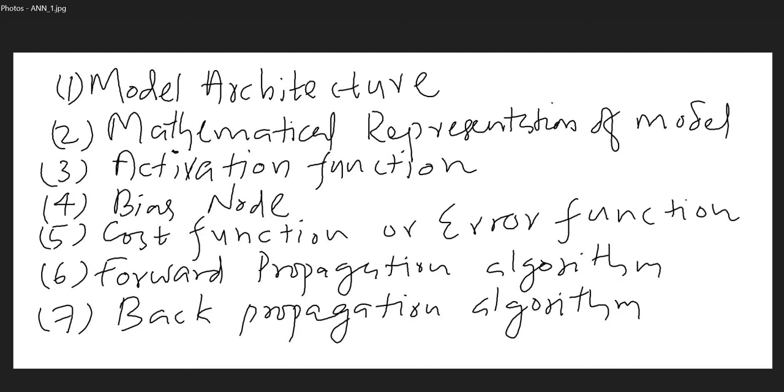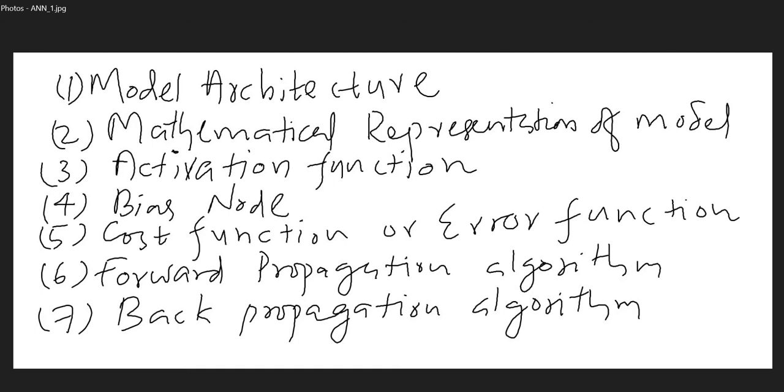The second part is the mathematical representation of this model. The third part is the activation function. Fourth one, bias node. Then fifth one, cost function or error function. Sixth one, forward propagation algorithm. And the seventh one, backward propagation algorithm.